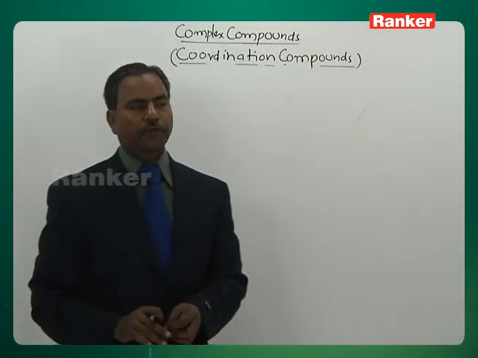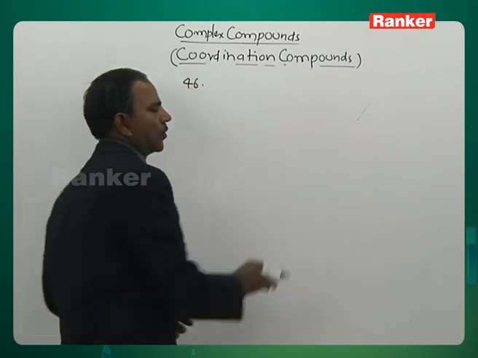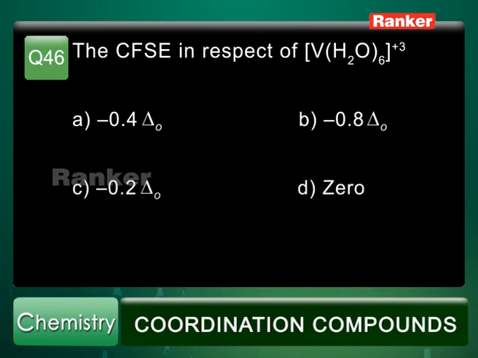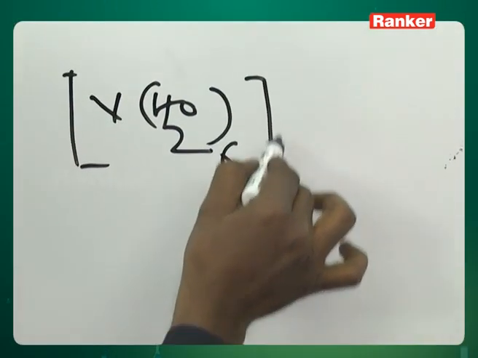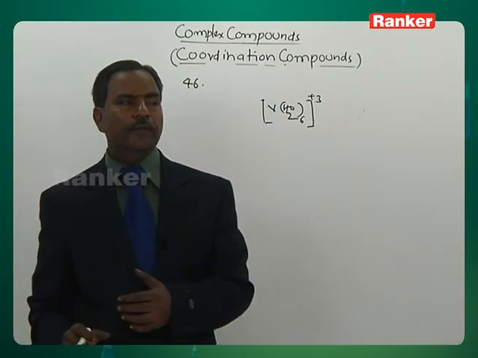Coming to question number 46. The CFSE in respect of [V(H2O)6]3+. Write this complex: vanadium, atomic number 23, 3d3 4s2.